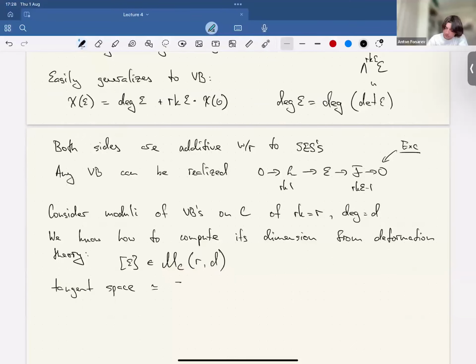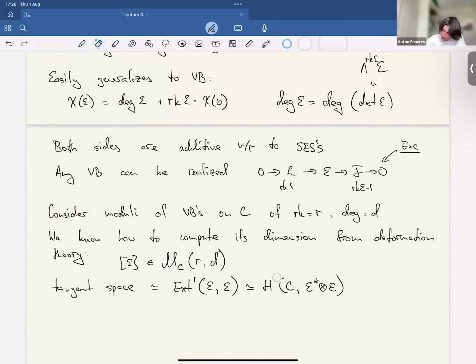So this will be isomorphic to Ext^1, which we discussed last time, of E together with E. But now on the left-hand side, I have a locally free sheaf, a vector bundle. So we know that this is actually isomorphic to simply global sections H^0 on C of the bundle E dual tensor E. Sorry, H^1, of course. What am I saying?